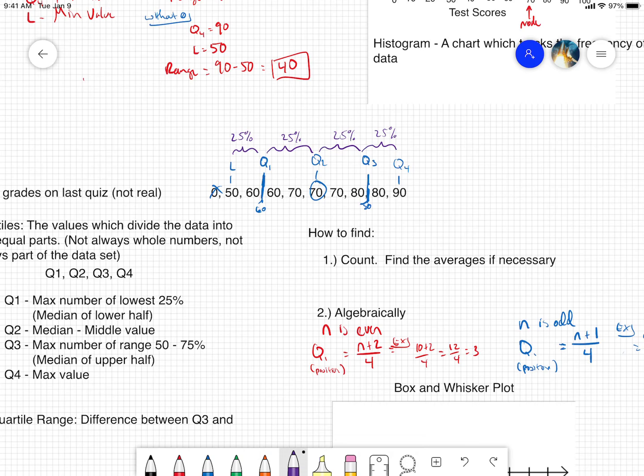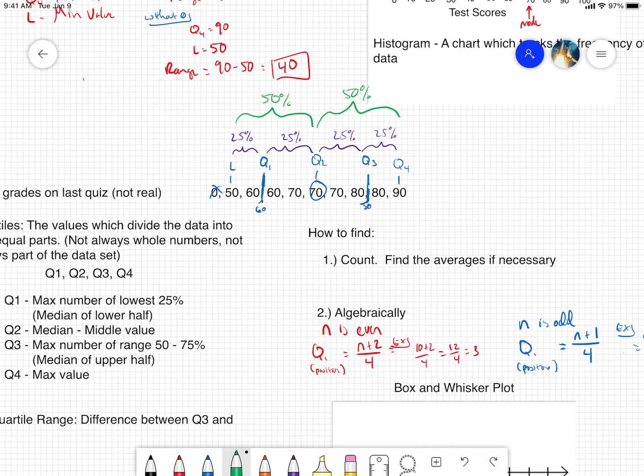Okay? And again, knowing where these quartiles are also allows me to do other things too. More than just 25%, 25%, 25%, 25%. It also tells me that, hey, you know what? Between L and Q2 lies 50% of my data. And from Q2 to Q4 also is 50% of my data.